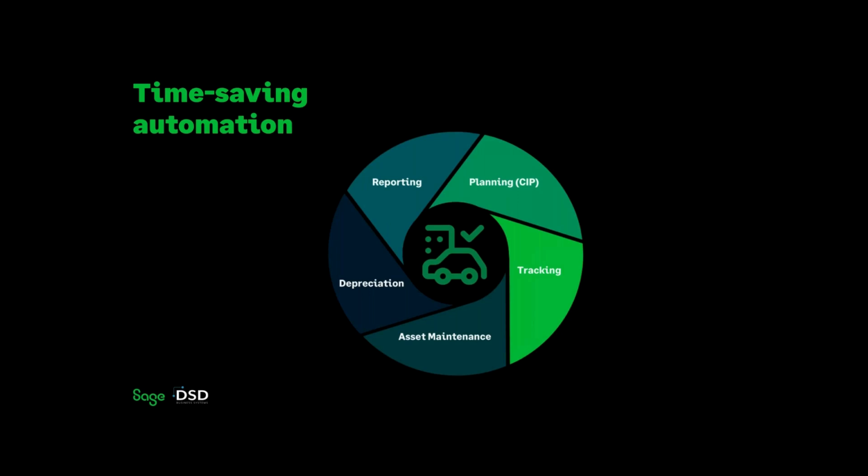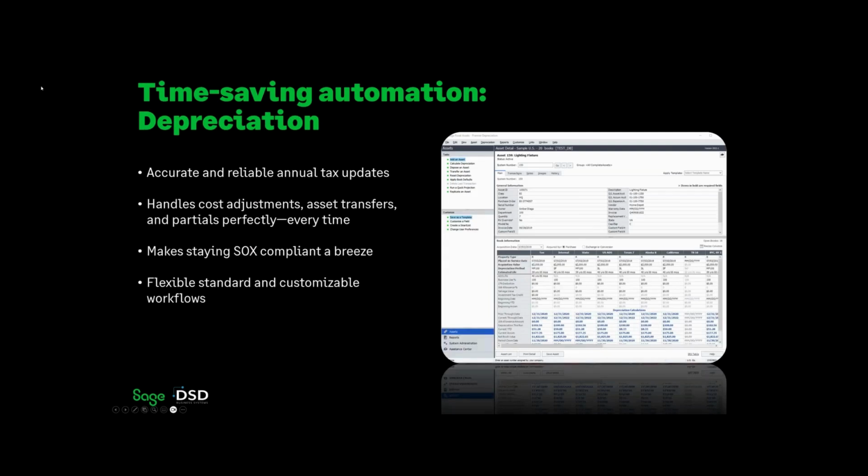We have the reporting module, the planning module, which is your construction in progress, the tracking module, and the asset maintenance feature that is now included in the subscription version of the Sage Fixed Assets tracking module, and also the depreciation module, which will depreciate your assets.